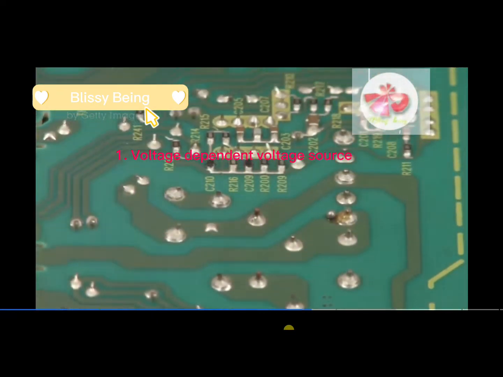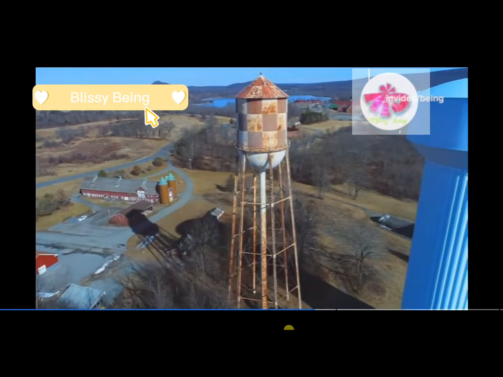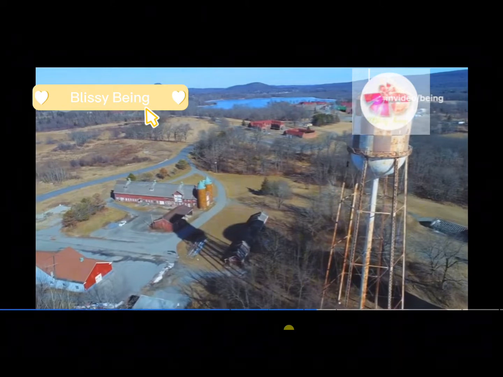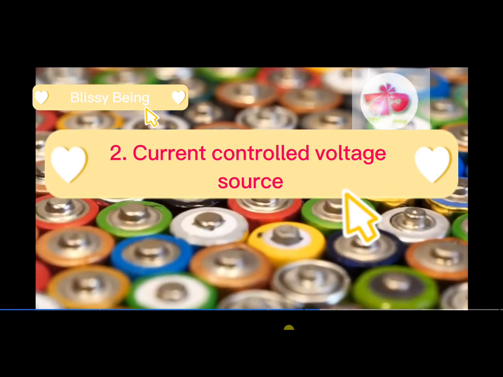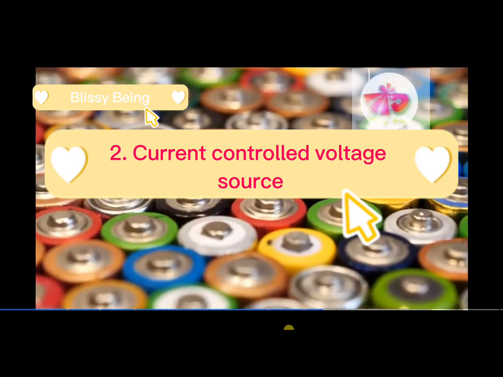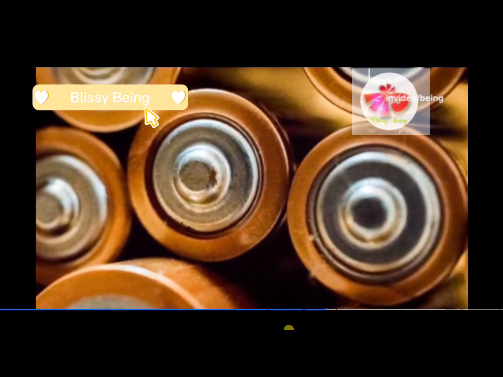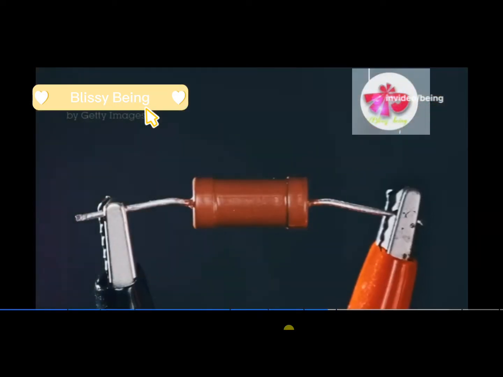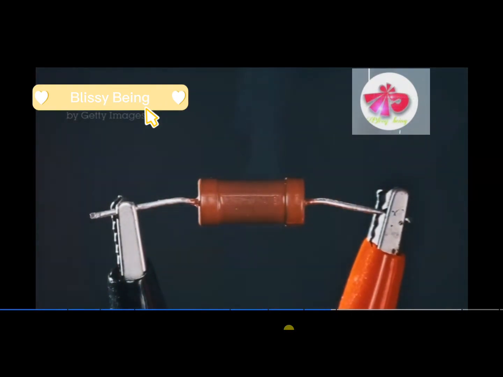This type of source is essential in audio equipment where precise amplification of the signal is required. The next one is the current controlled voltage source, or CCVS. Its output voltage is proportional to a current flowing through another part of the circuit. Used in sensors and measuring instruments, this allows accurate measurement and control in various applications, from industrial sensors to scientific instruments.